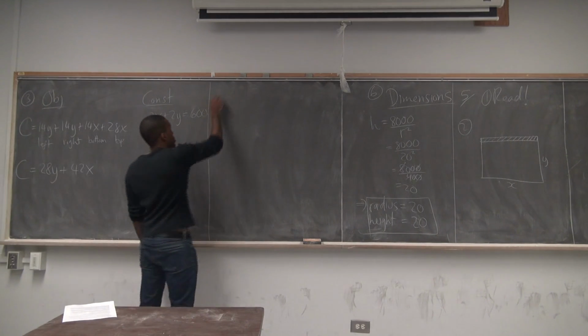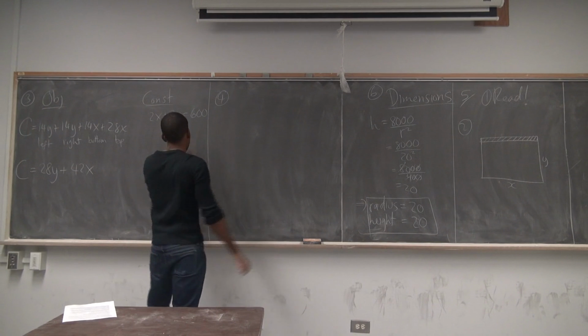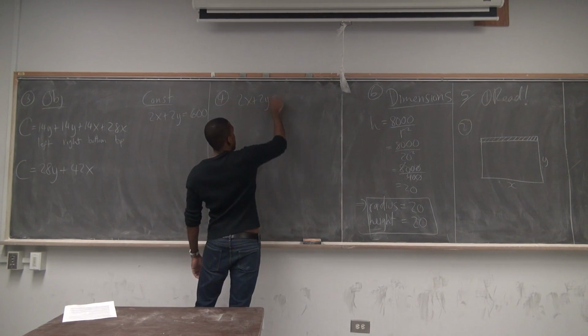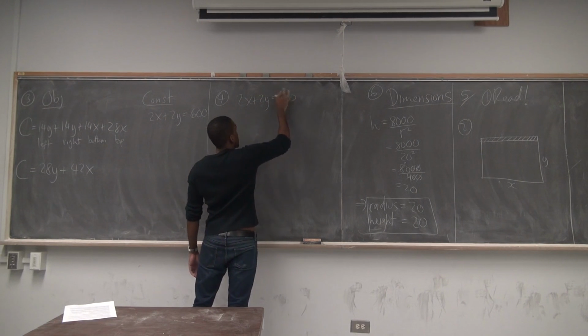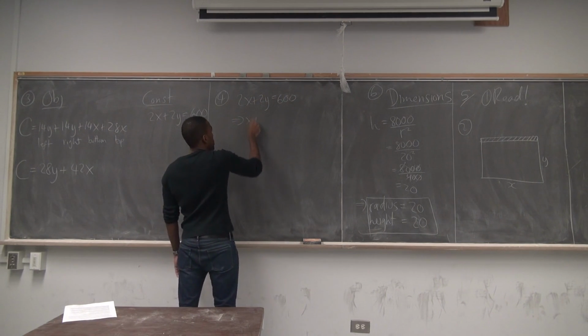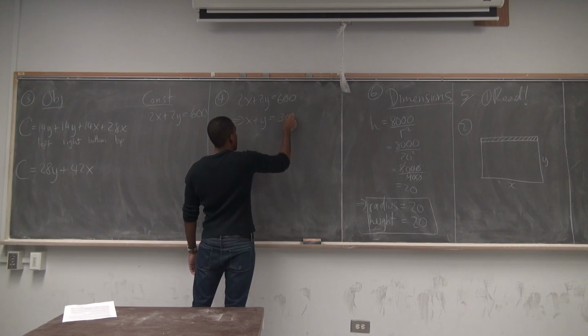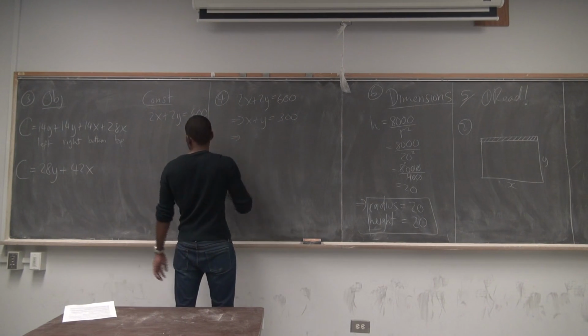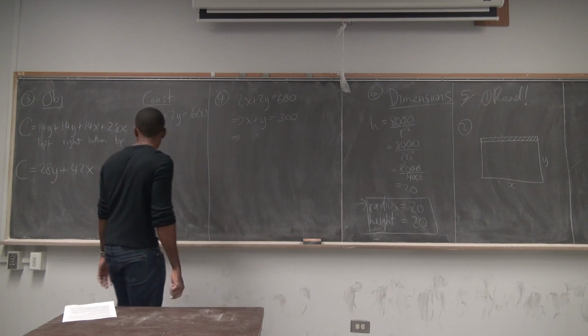So now that brings us to step 4. I'm going to solve for one variable here, plug it into the other one. So 2x plus 2y equals 600, or in other words, x plus y equals 300. Who do you want to solve for? It almost doesn't matter.